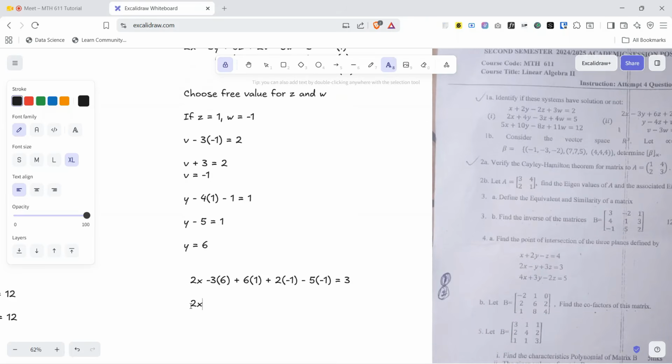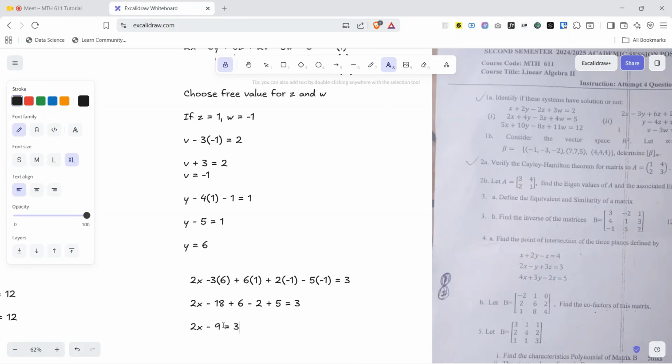So that will be 2x minus 18, plus 6, minus 2, plus 5 equals to 3. So this would be 2x, minus 18 plus 6 is minus 12, minus 12 minus 2 is minus 14, minus 14 plus 5 is minus 9, equals to 3.